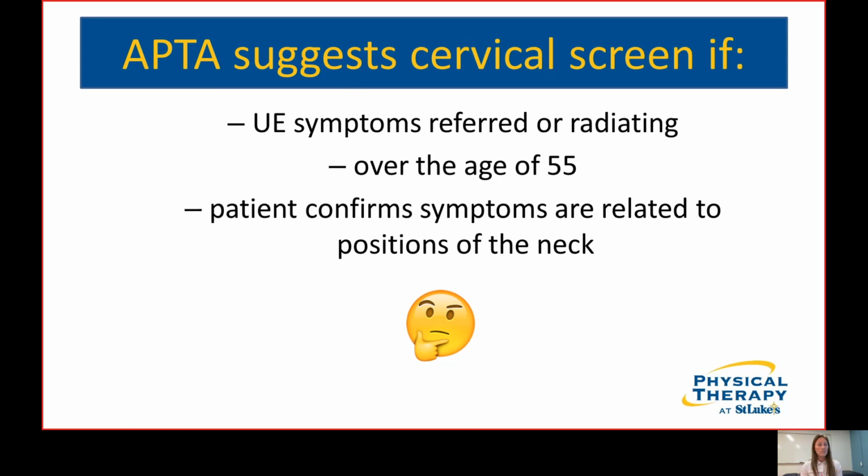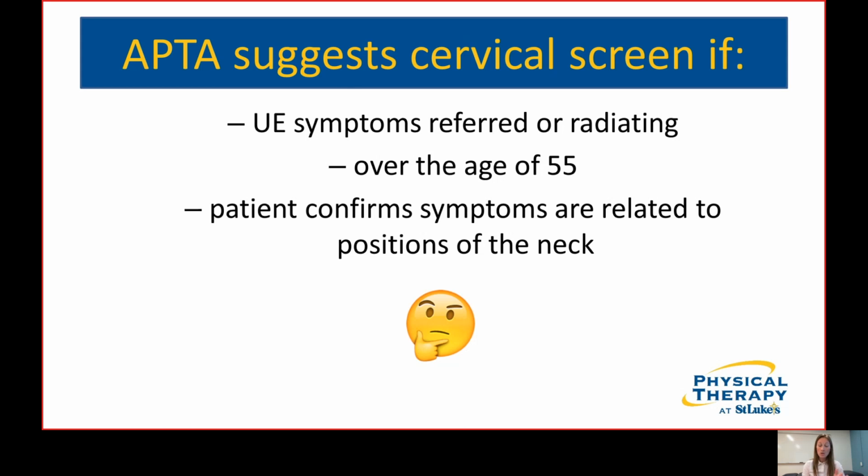How about the other point, if the patient's over 55? I would imagine in pre-COVID times, we would have a big room full of people. If I had asked, has anyone ever treated someone under the age of 55 who's had radiating symptoms, the bulk majority would indeed raise their hands. That's me just assuming. But what do we know about that? Lumbar radiculopathy has a lifetime prevalence of 60 to 90%.